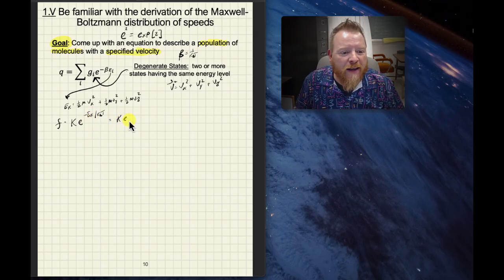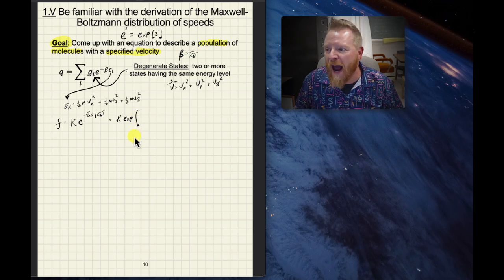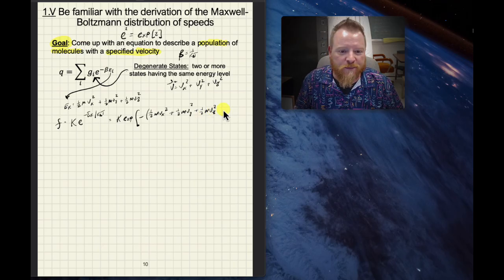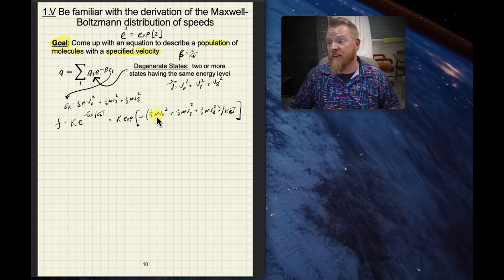And now I'm going to write exp bracket, and there's going to be a negative sign. And now that's going to be 1/2 mvx squared plus 1/2 mvy squared plus 1/2 mvz squared, and that's all divided by kBT. And all of that is in the exponential.